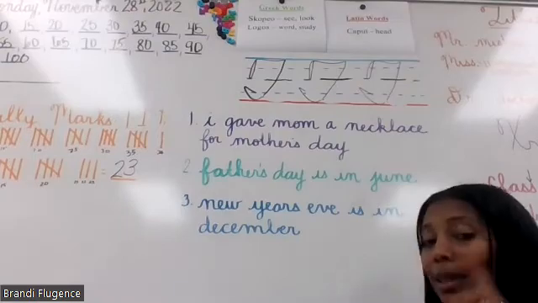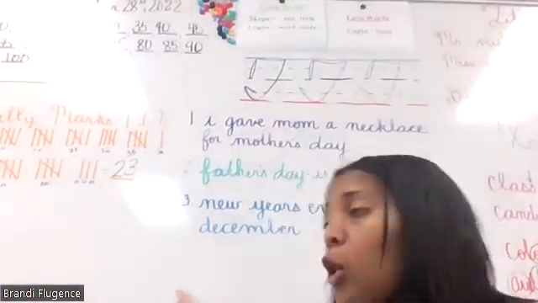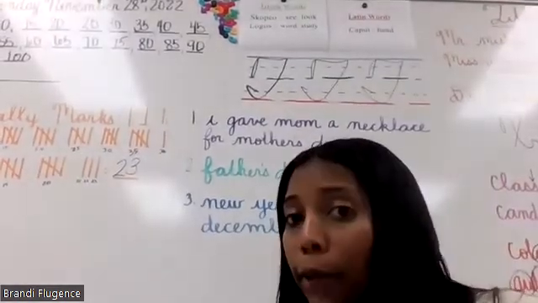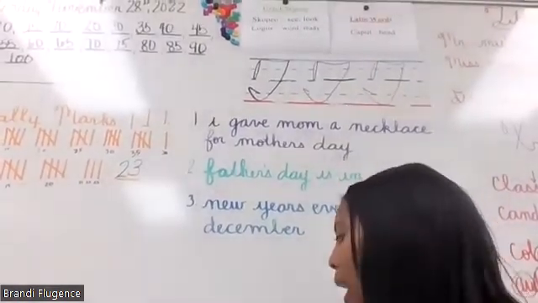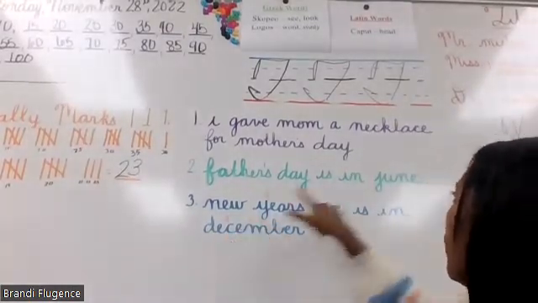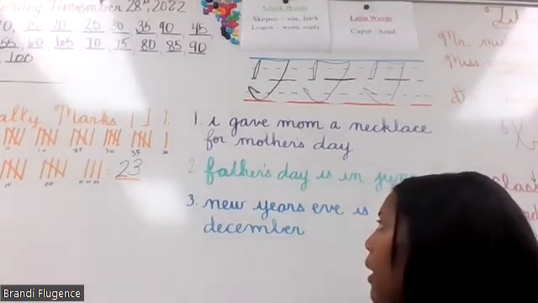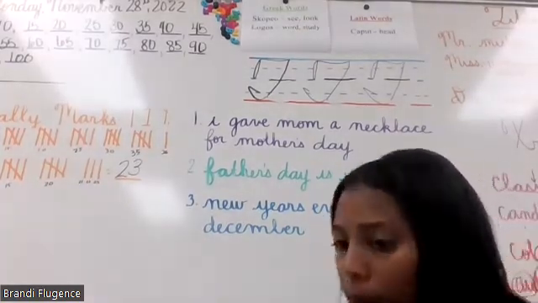New Year's Eve is not the same thing as New Year's Day. New Year's Day is on January 1st. New Year's Eve is on December 31st. Two different holidays. Look at that proper noun here, and also June. Okay, guys, I'll give you a few minutes. You can work on writing all 3 sentences correctly. Then we'll discuss.